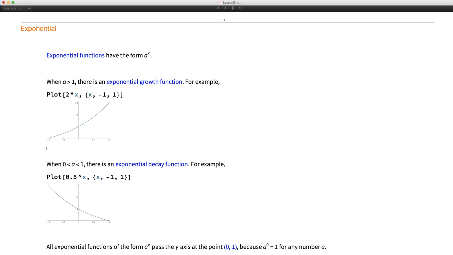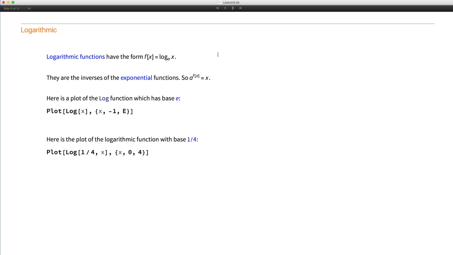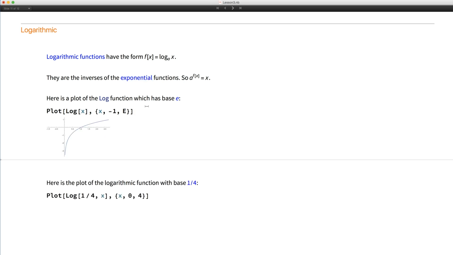And finally, we'll talk about the logarithmic functions, which are defined as log x to the base a, and they are the inverses of the exponential functions. So here's the graph of log x. Keep in mind that in the Wolfram language, the base is set to e, but if you want a different base, then you would say that over here, and you'd get back log x, but now to the base a quarter.